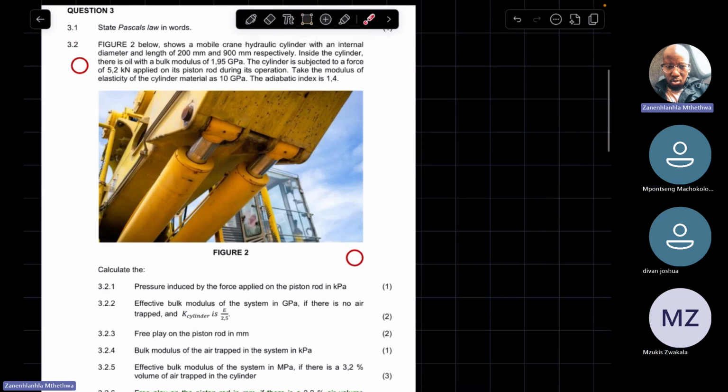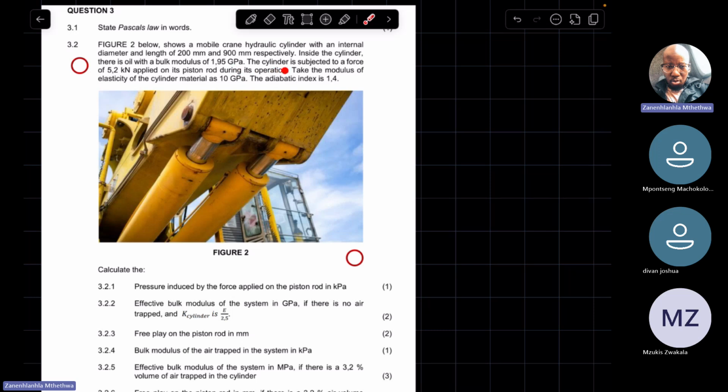All right. Now let's look at 3.2. Figure 2 below shows a mobile crane hydraulic cylinder with an internal diameter and length of 200 millimeters, that's the diameter, and 900 millimeters, that's the length, respectively. Inside the cylinder, there is oil with a bulk modulus of 1.95 gigapascals.